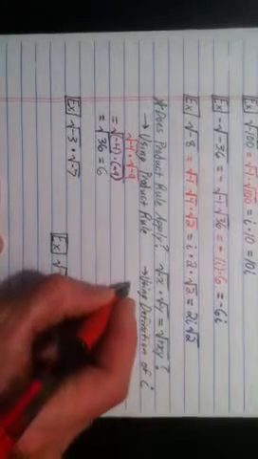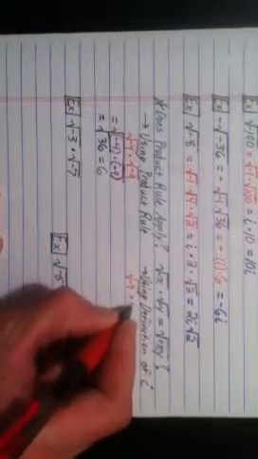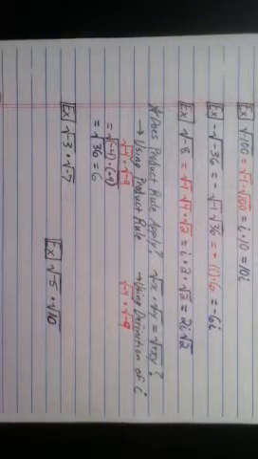Okay. Now, using the definition of i, does it work the same? We have the square root of negative 4 times the square root of negative 9. Let's work this problem out again, now using the definition of i.